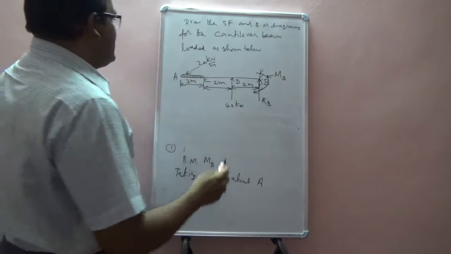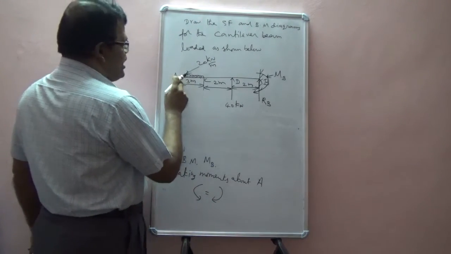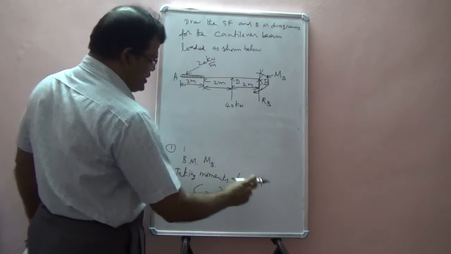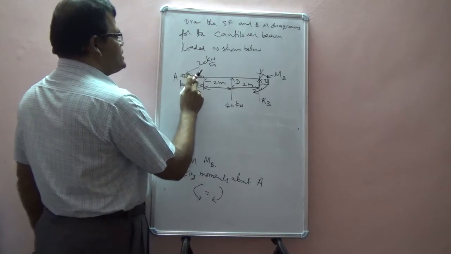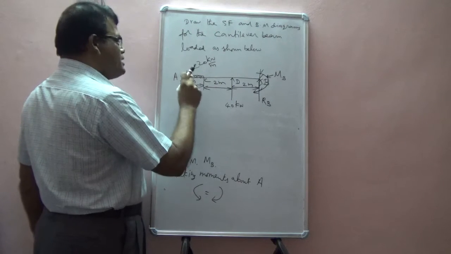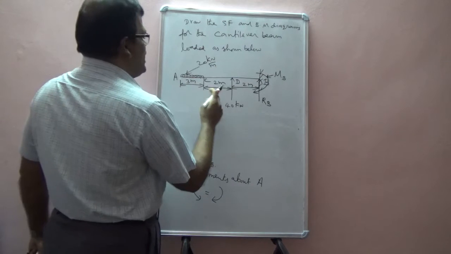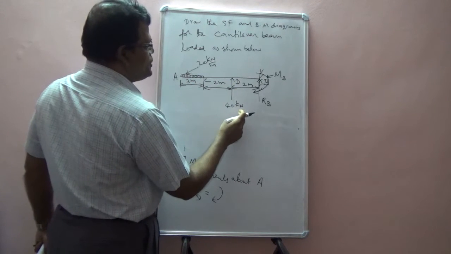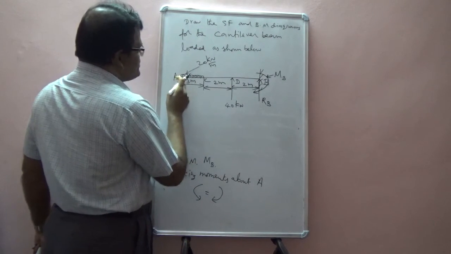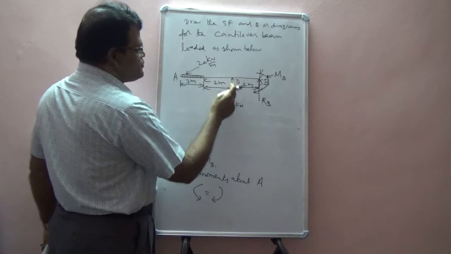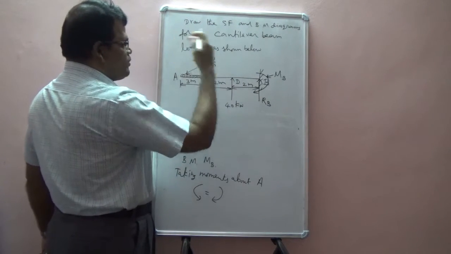So the anti-clockwise moment, see, I fix the point A as per this statement. Now this load is acting downward, therefore it will tend to rotate this beam in the clockwise direction. And there is a force 40 kN which is acting upward. So if I fix point A, this force tends to rotate the beam in the anti-clockwise direction.